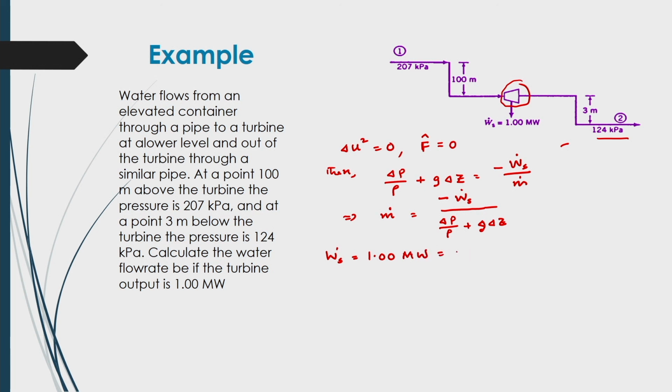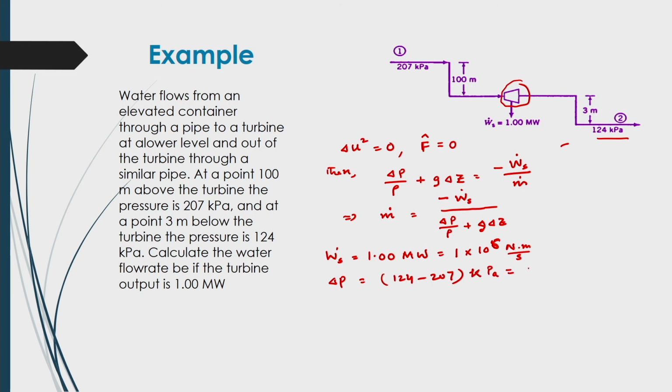So it is basically 1 into 10 to the power 6 Newton meter per second, and delta P will be equal to 124 minus 207 kilopascal.